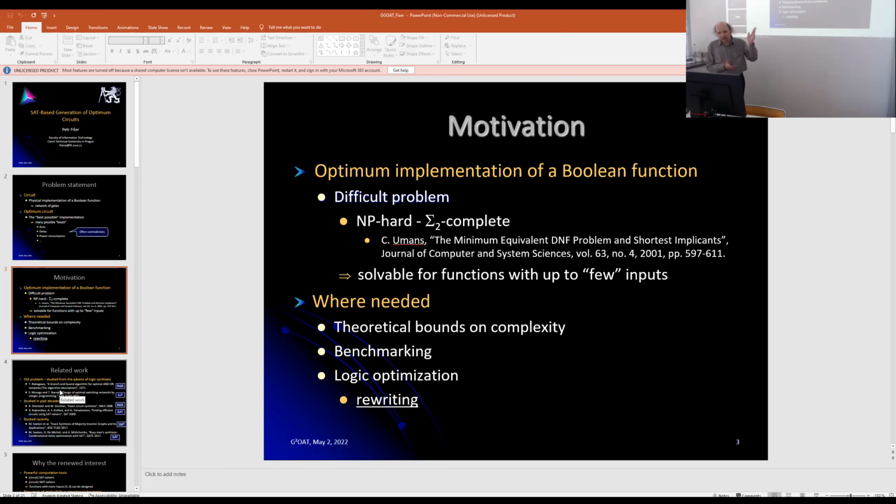I'm not going to speak about these because these cases are quite clear. Throughout these slides I will introduce one practical example, which is used in logic synthesis in the optimization of bigger networks, and that's in particular rewriting.